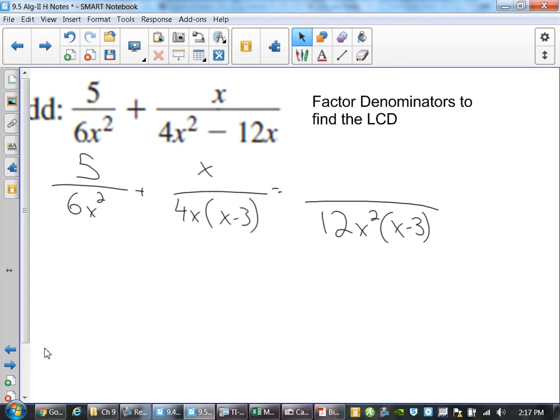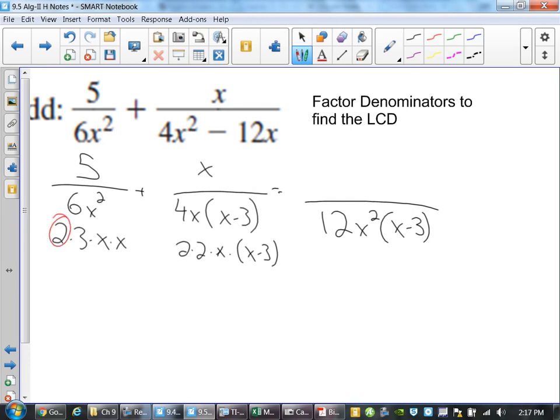Think of it this way again, if you want to go back to primes. 2, 3, x, x. 2, 2, x, x minus 3. What do they have in common? That's why I started with the 2x.